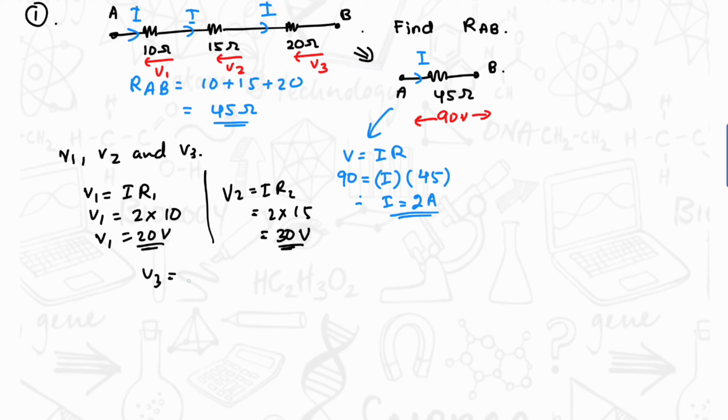And V3 will be 2 times 20, which is 40 volts. And the addition of all these three will give us 90 volts.